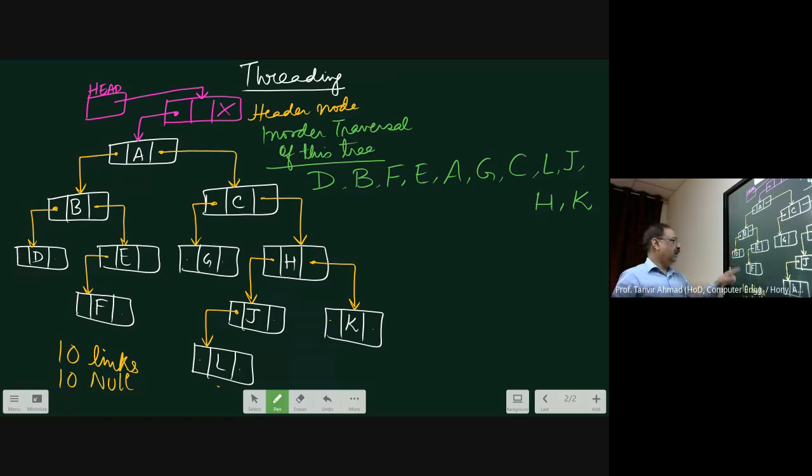D, B, F, E, correct. A, then G, C, then L, J, H, K. Fine.